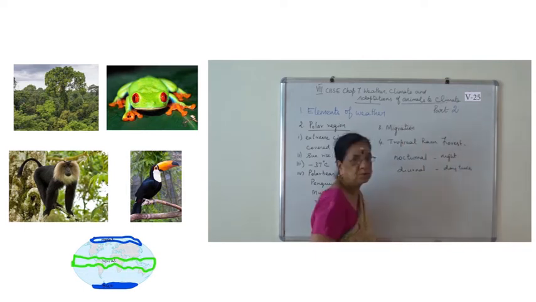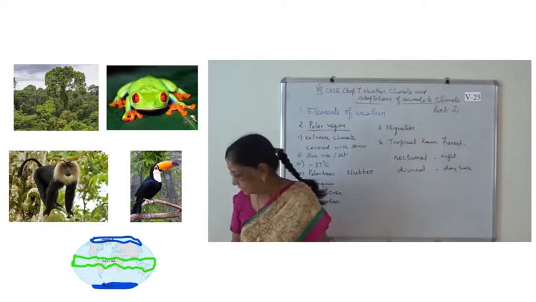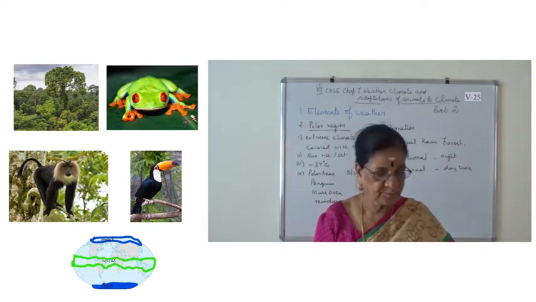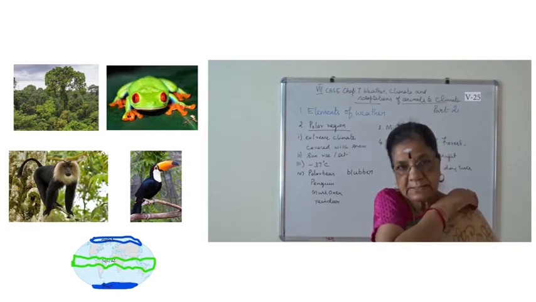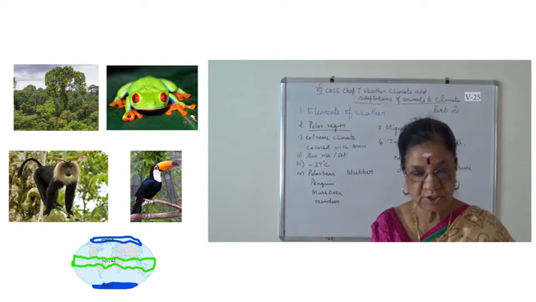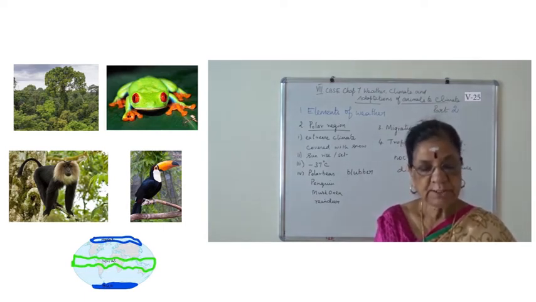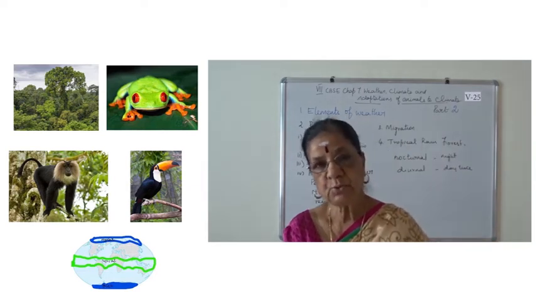So we come across two terms, nocturnal and diurnal. These animals are active during night time, so they are called nocturnal animals. They live inside caves or burrows during the day and come out at night in search of food.